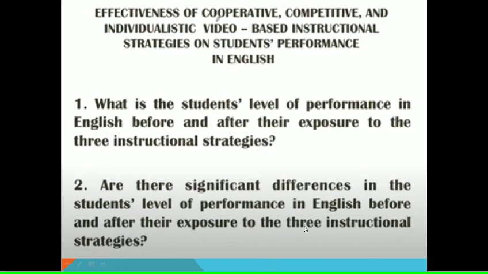Kung basin mo ka nga mogamit ta og ANOVA kay three instructional strategies man, pero diri tanawon before and after. So mag-measure siya sa duha ka measure of a single population, kay ang gikuan diri kay student level of performance in English. So we use the paired sample t-test.